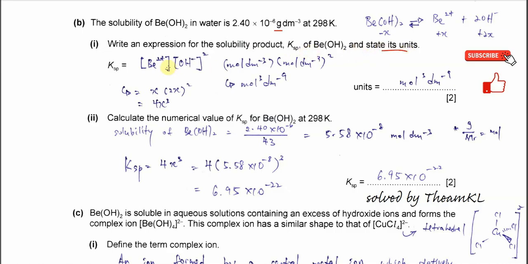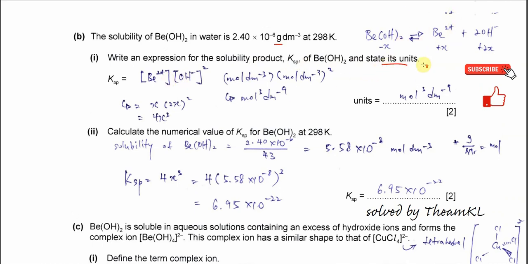Before you give the Ksp, it's better to give the equilibrium so you can make sure the expression is correct. Beryllium hydroxide forms the Be2+ ion and 2 hydroxide ions. So it's a 1 to 2 mole ratio, which means when x mole of beryllium hydroxide is dissolved, it will form x mole of Be2+ ion and 2x mole of hydroxide.